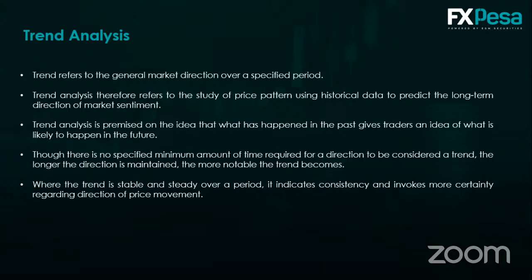So though there is a specified minimum amount of time required for direction to be considered a trend, the longer the direction is maintained, the more notable the trend becomes. So you cannot tell as a trader how long the trend will prevail or will persist.